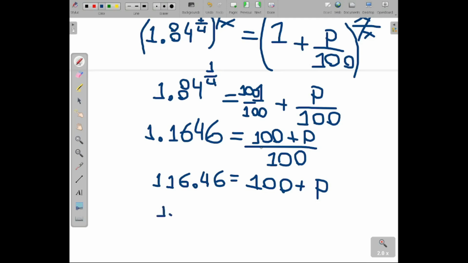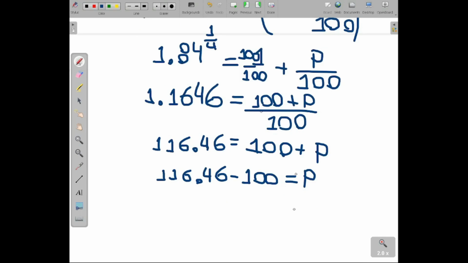Now 116.46 minus 100 equal to p. 116.46 minus 100 is 16.46 equal to p.